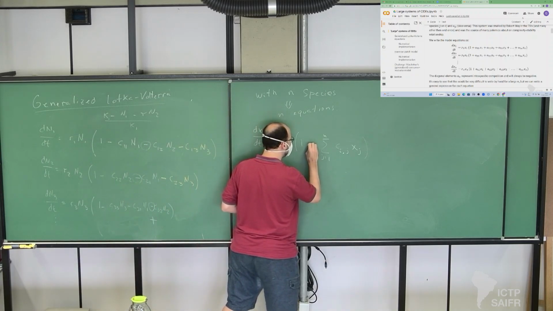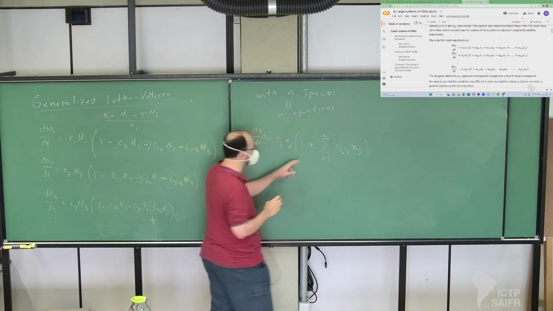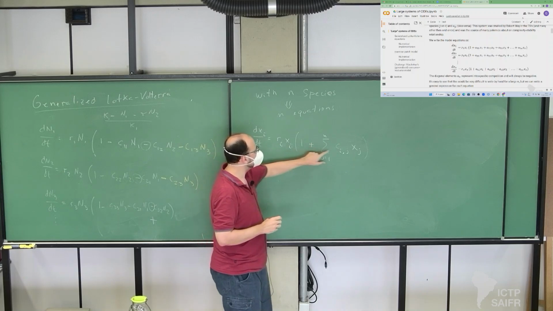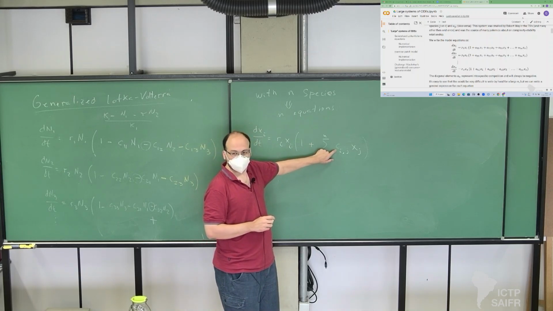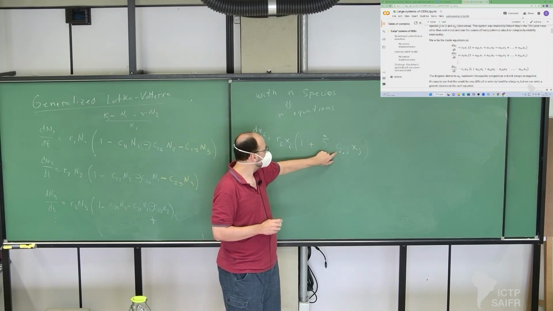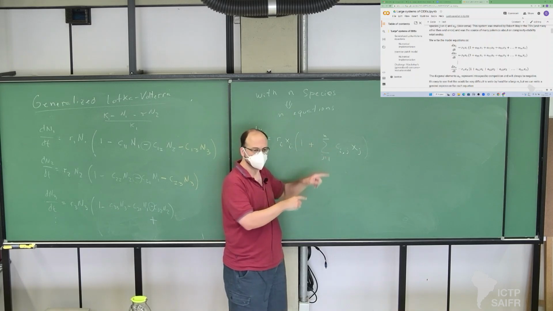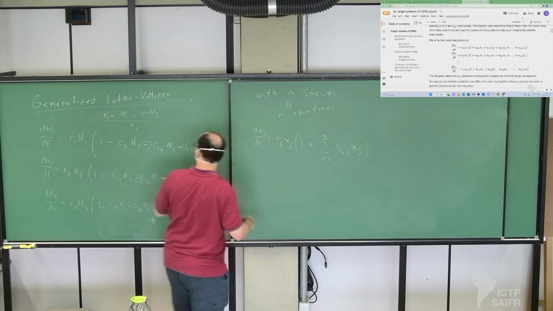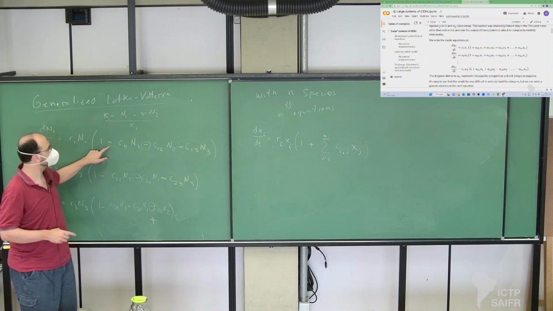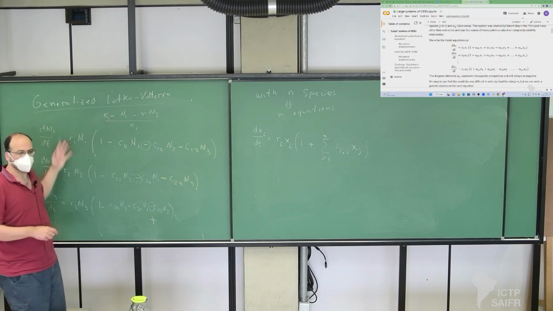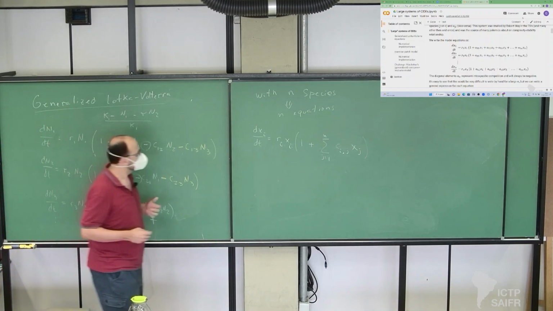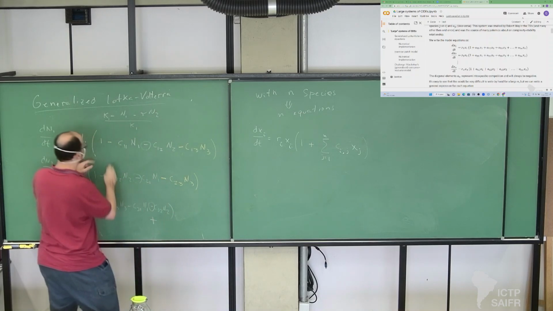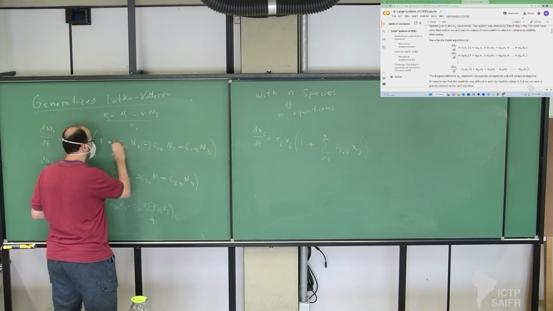What I do here is essentially saying that competition means that these are negative, mutualism means that these are positive, and a positive and a negative means predation, right? I was using negative here because I started with competition. But of course, I can just say that this is all plus, and I have minus here.